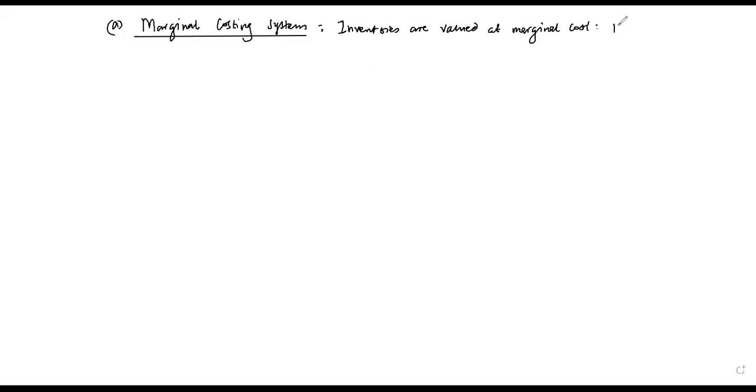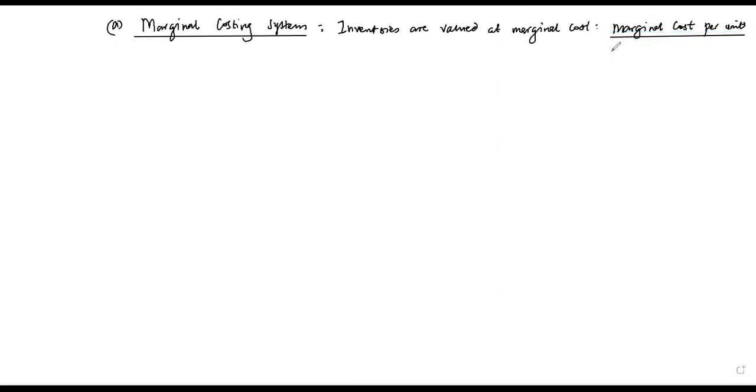How would we compute the marginal cost? Let us see how we compute that. The marginal cost per unit. What should be included in the marginal cost per unit?